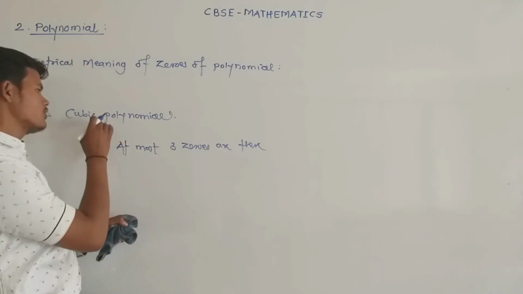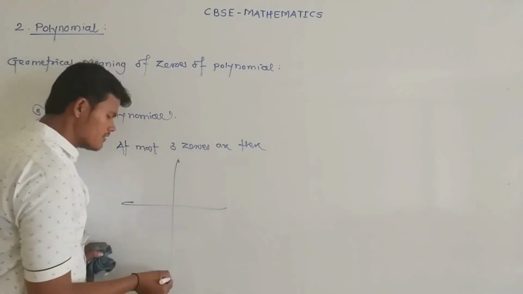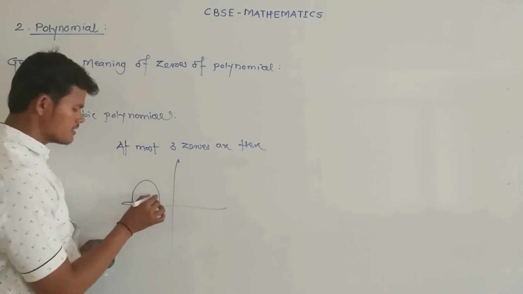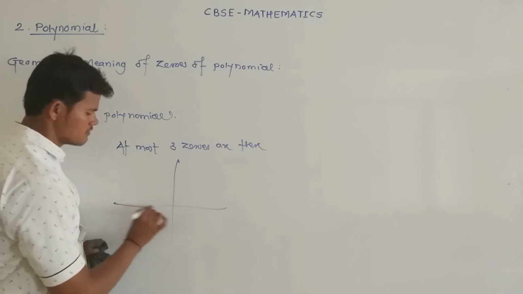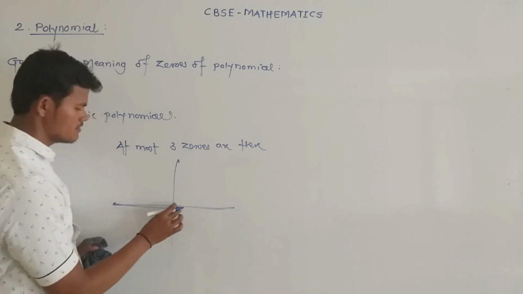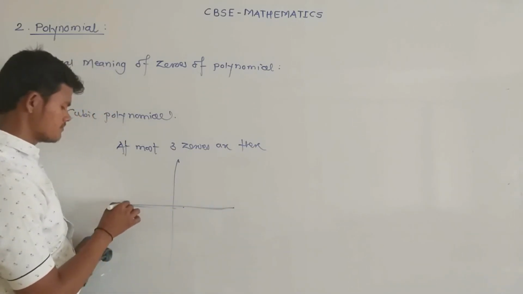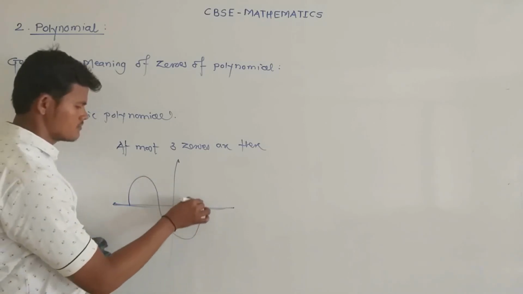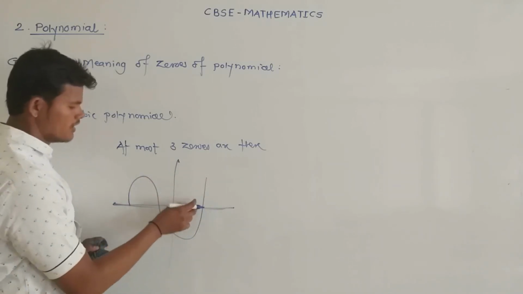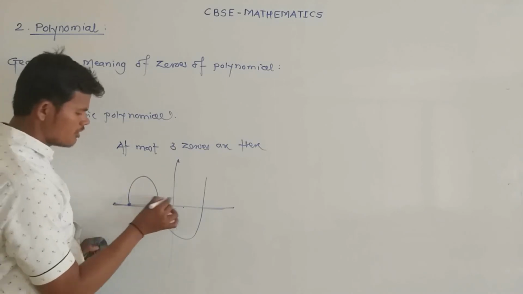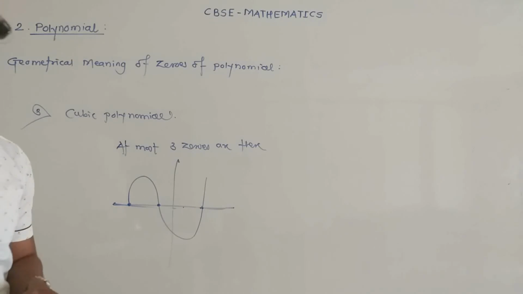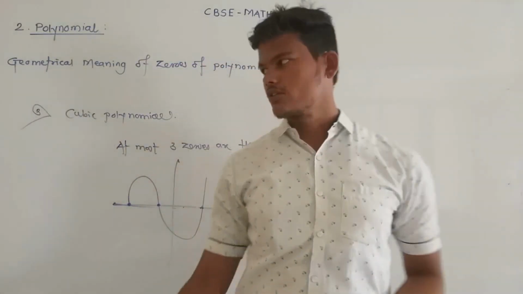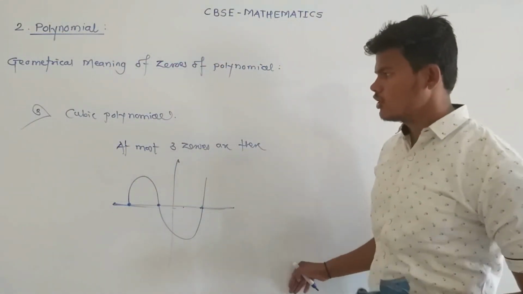So the graph of a cubic polynomial intersects the x-axis at three points, that means 1, 2 and 3. So the graph of a cubic polynomial intersects the x-axis at three points. So the maximum, or at most, three zeros for the cubic polynomial.